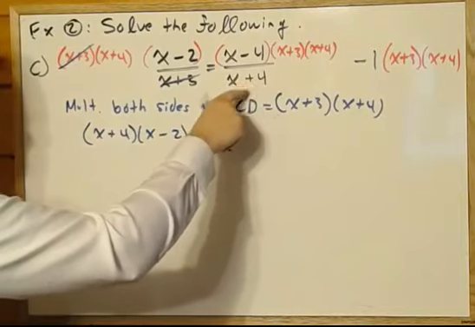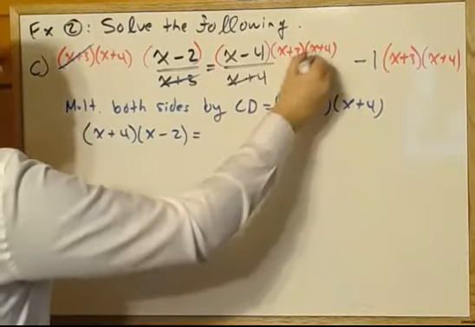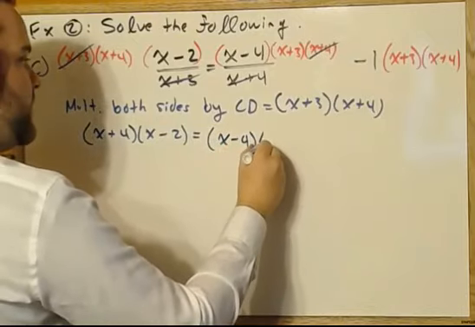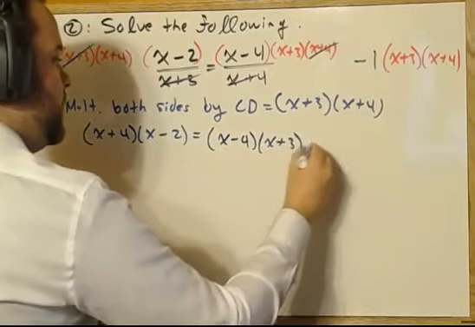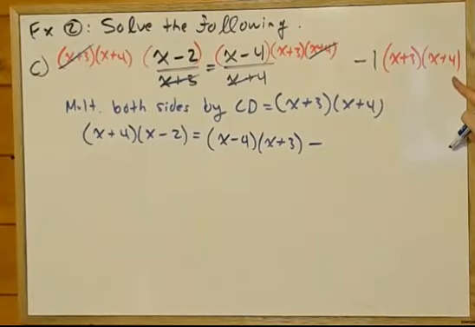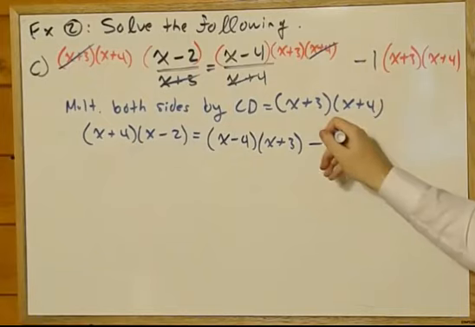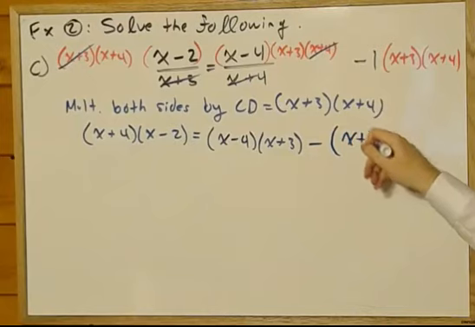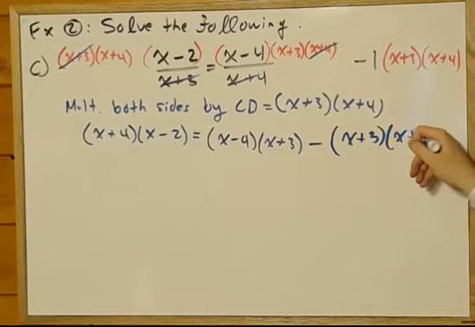On the right side, the x plus 4 cancels out or reduces down to 1. And so we're left with this x minus 4 times x plus 3. And there's nothing that cancels out with this minus 1. So we're just left with this result. So it'll be minus 1 times x plus 3 times x plus 4.